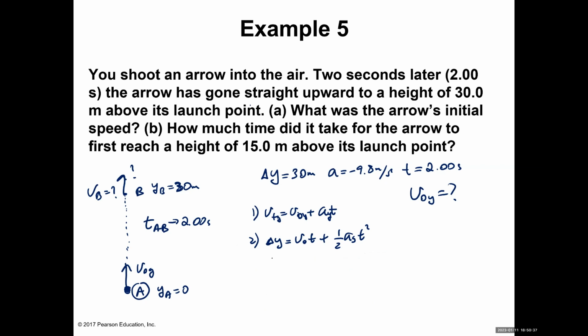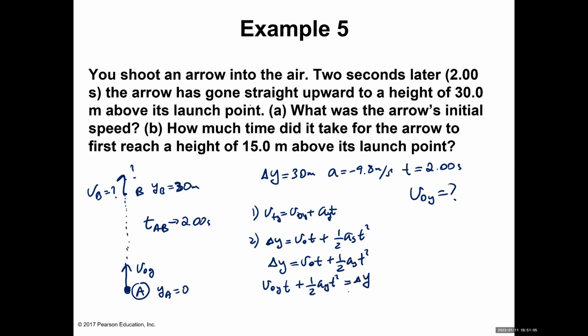All right, so what I have here is the displacement, delta y, equals V initial times time plus 1/2 a_y t squared. And I need to rearrange it, solving for V initial. So remember, you can always switch the sides of your equations. That means I can rewrite this as V initial y times time plus 1/2 a_y t squared equals delta y.